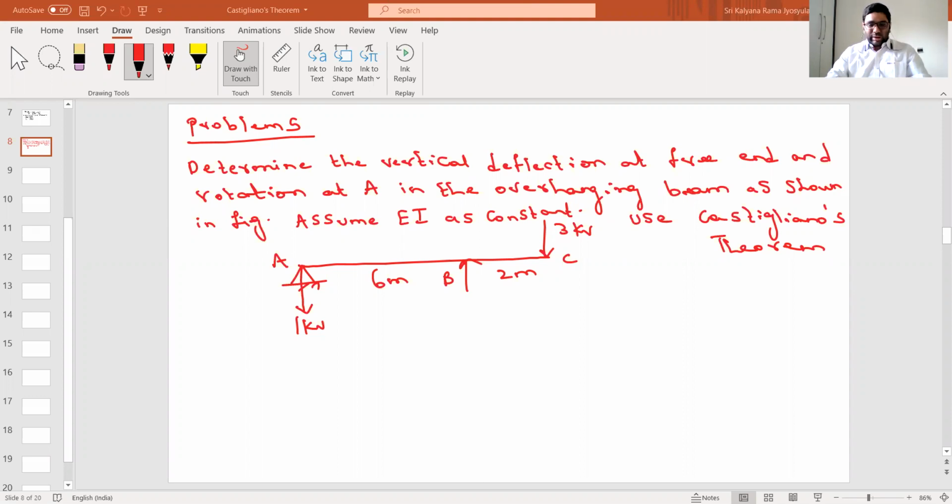Okay. So now let us try to calculate this first. First, let us take the deflection at point C. So I'll write it here.